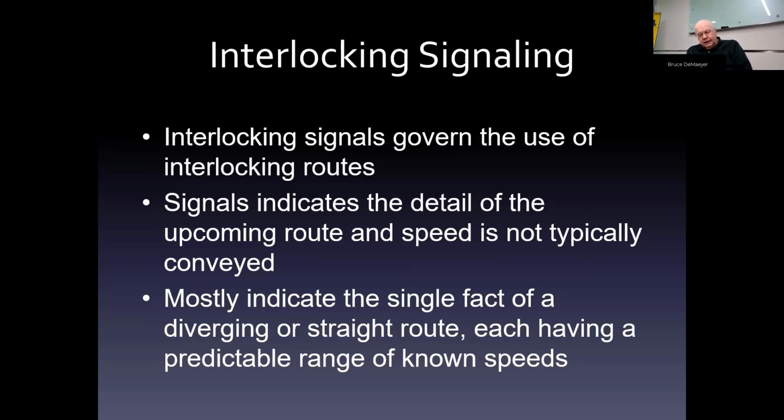And the interlocking name, I believe, comes from the fact that previously that was done in a yard tower with a bunch of levers, and those were all interlocked together to make things happen smoothly. But basically it is a single fact of a diverging or straight route, each having a predictable range of known speeds.